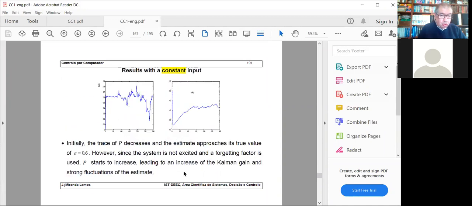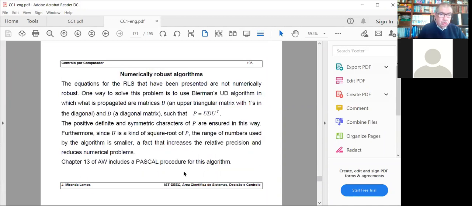And due to numerical errors, it may not be kept symmetrical. And when you start considering these sources of errors, the algorithm may diverge.